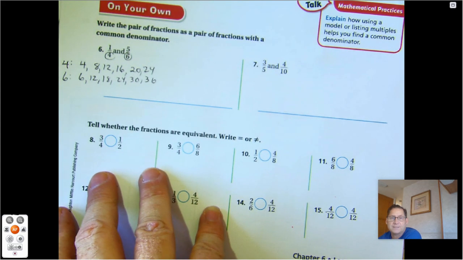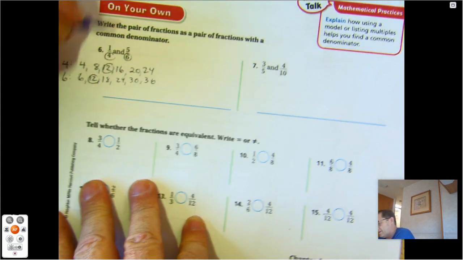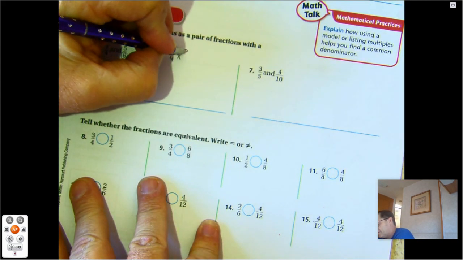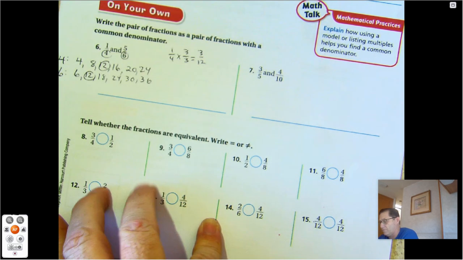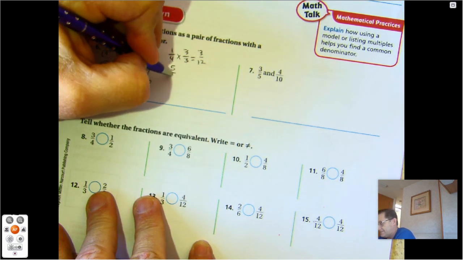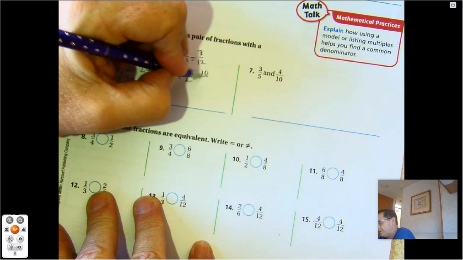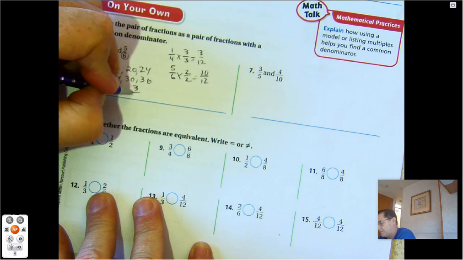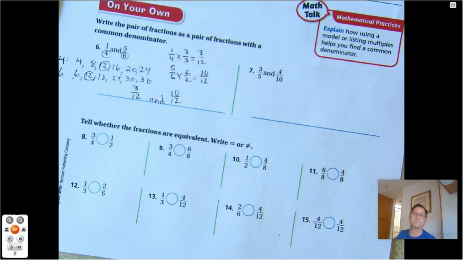Circle the smallest common multiple, 12. All right, 1/4 times 3 over 3 gives me 3 twelfths. And 5/6 times 2 is 10 twelfths. So 3 twelfths and 10 twelfths.